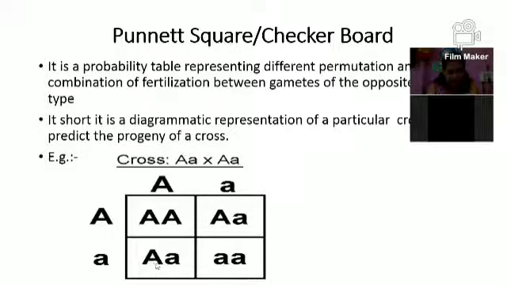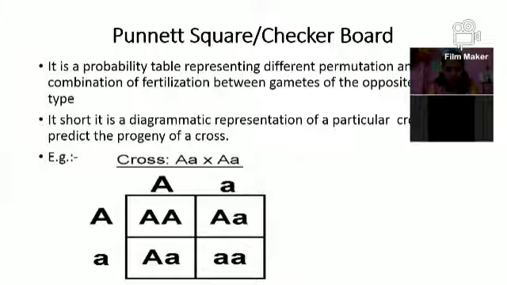Again capital A small a is heterozygous and small a small a is homozygous. So we get two pairs of homozygous alleles and two pairs of heterozygous alleles. In this way, just by observing this Punnett square checkerboard, we can easily work out the phenotypic and genotypic ratio.